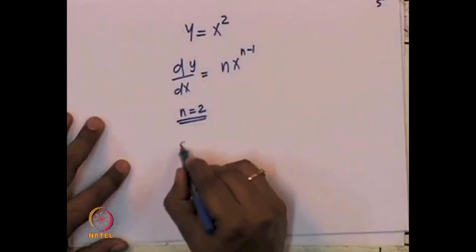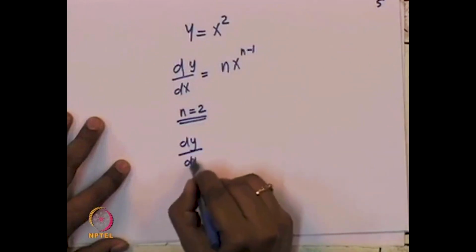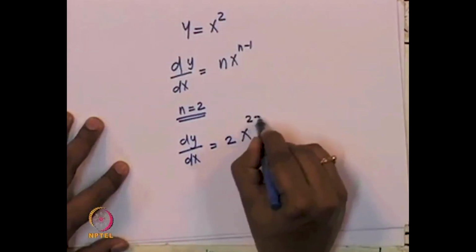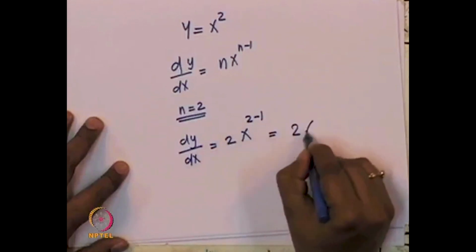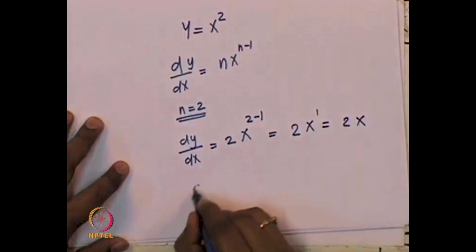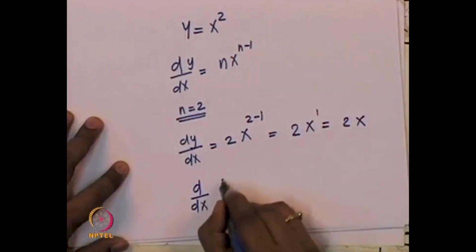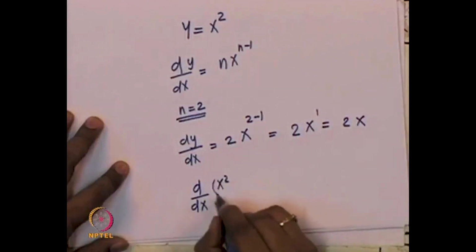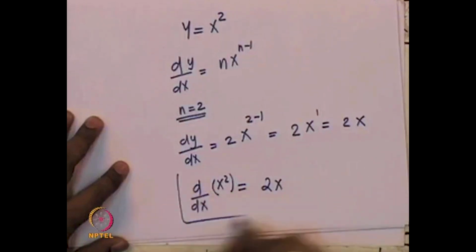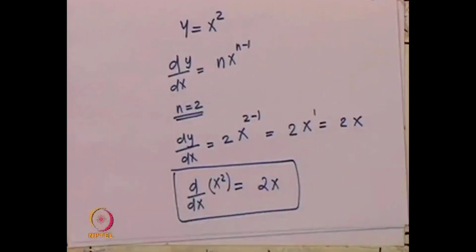That means dy by dx is n, which is 2, times x power 2 minus 1, which is 2 times x power 1, which is 2x. So the derivative of x square is nothing but 2 times x. This is the application of this rule when n equal to 2.